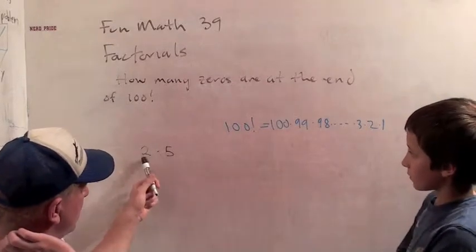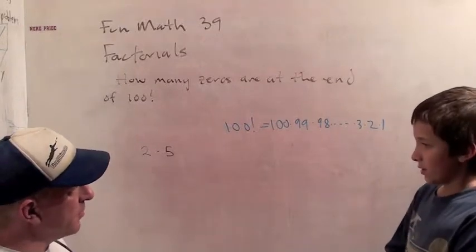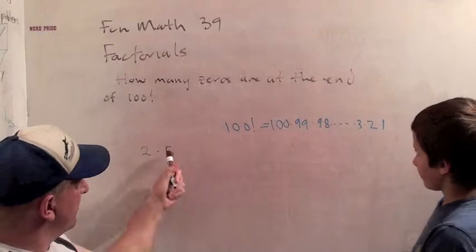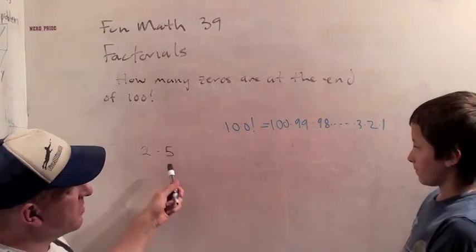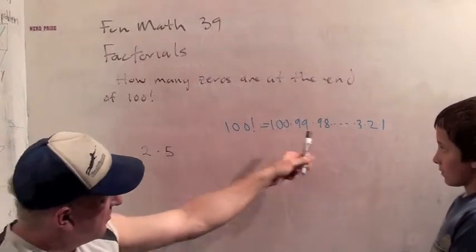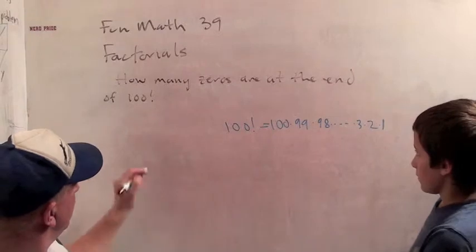Do you think there will be more 2's or more 5's in 100 factorial? Probably more 2's, because every other number is going to contribute a 2. But only every fifth number is going to contribute a 5. So all we have to do is figure out how many 5's there are when we factor 100 factorial. How many numbers are divisible by 5?